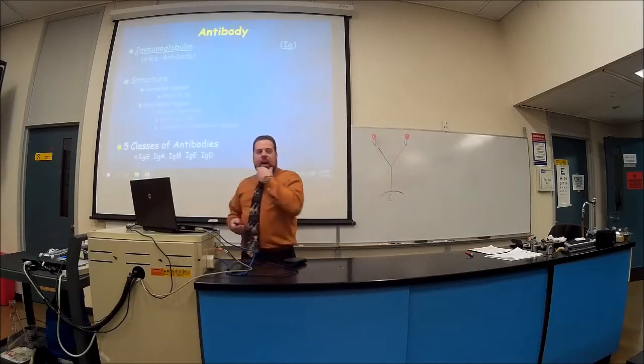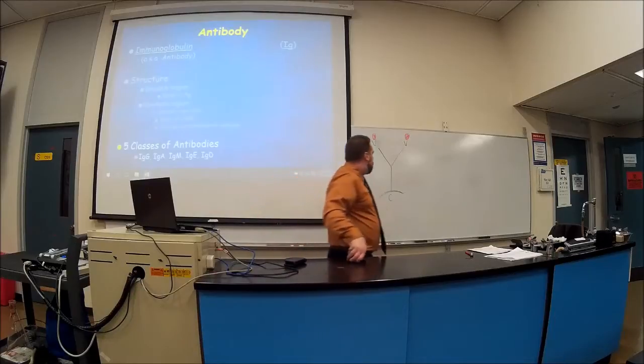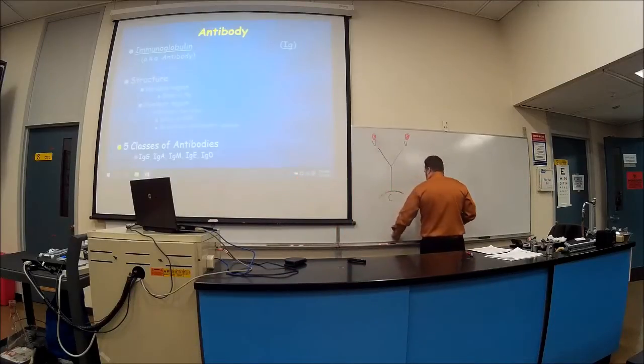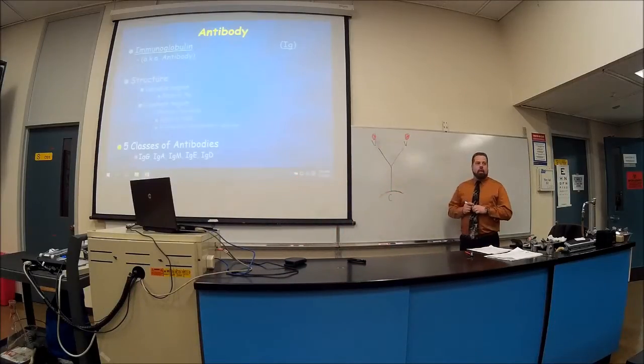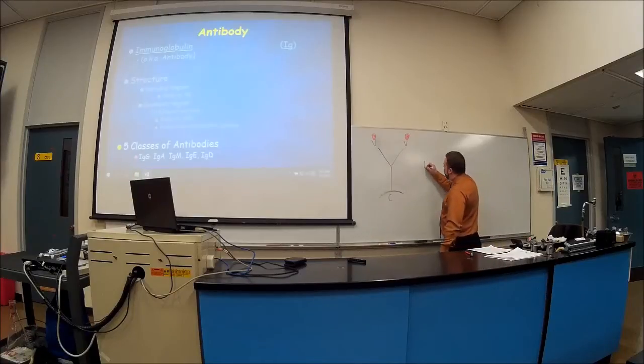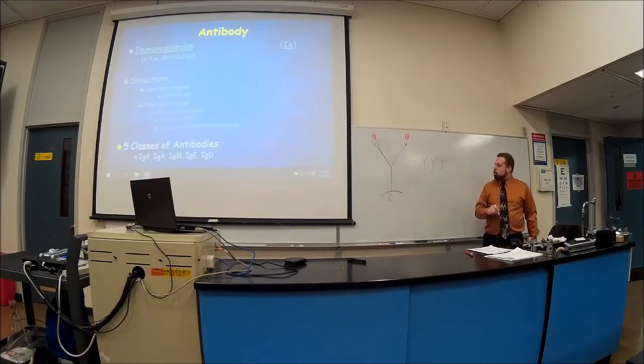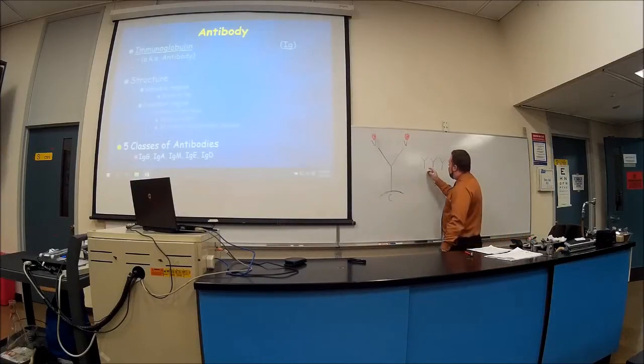Now we have 5 different antibodies. 3 of them look like Ys, and they have different names. We call them Ig.